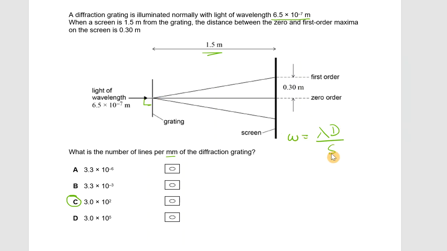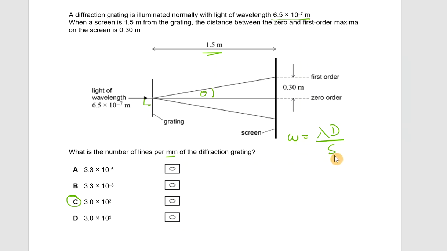This equation only works for small angles. I think we're going to have a reasonably small angle here. I haven't calculated it, but I can see it's going to be a nice small angle. So this is going to be a good enough approximation and quicker than using the diffraction grating equation.